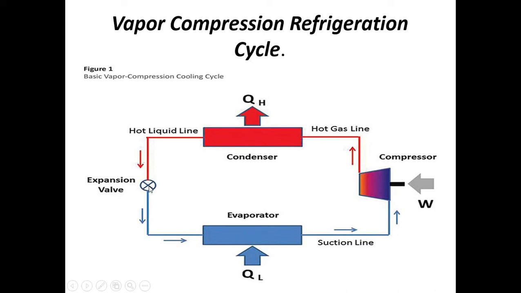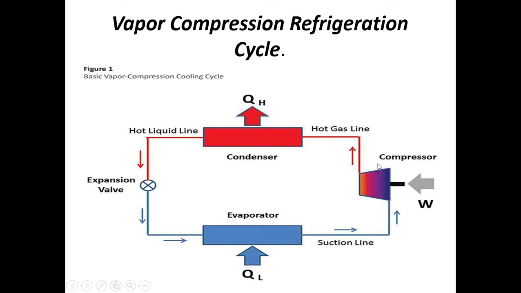The expansion valve prevents entry of the refrigerant into this side. So all the refrigerant present in the evaporator is sucked by the compressor and compressed to higher pressure here. That means a lower pressure is maintained here and a higher pressure here by the compressor and expansion valve together.